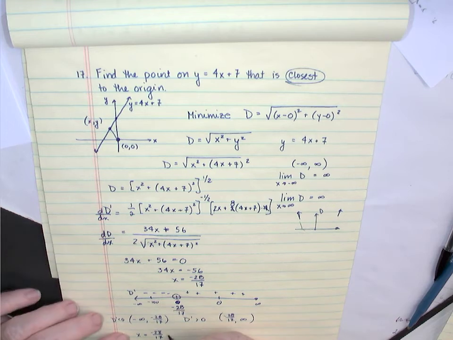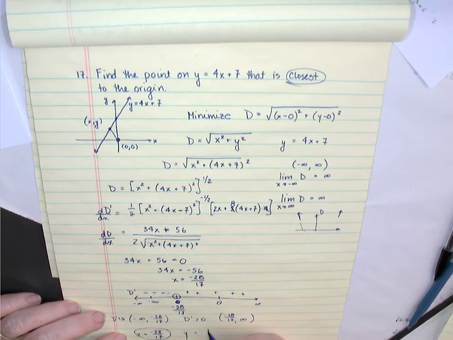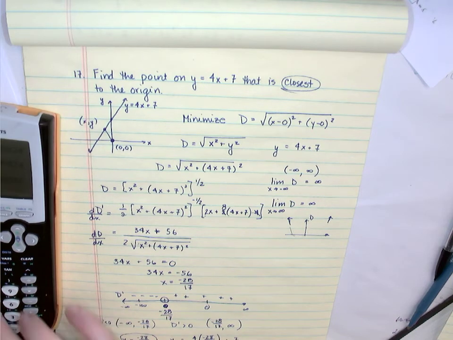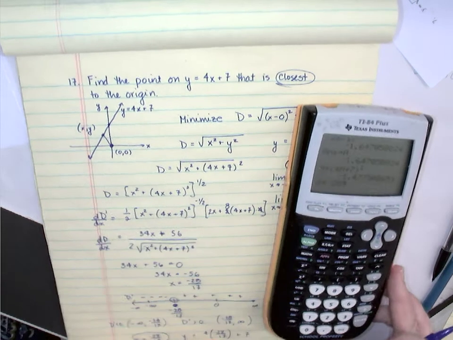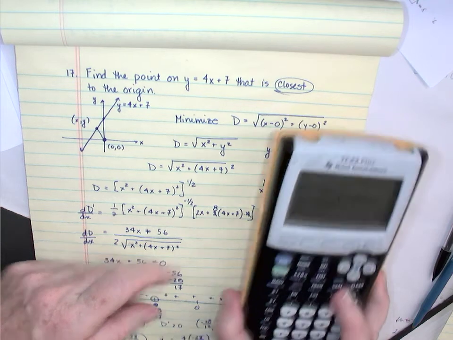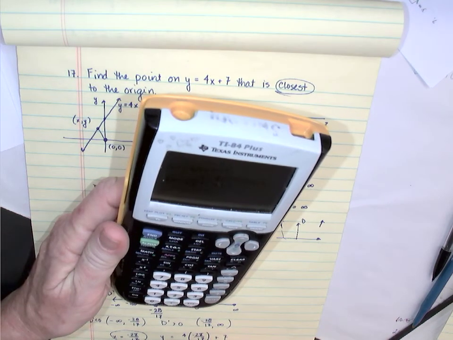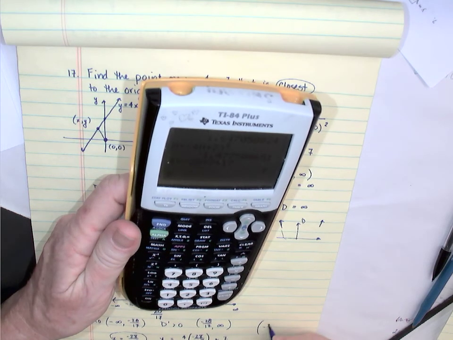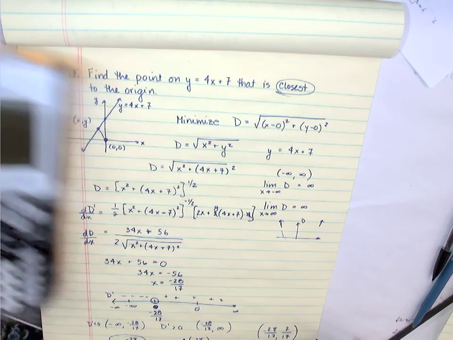If this is our x value, then y is 4 times that thing plus 7. Goodness gracious, what a pain in the neck. So this becomes 4 times negative 28/17 plus 7 times 17 over 17. Well, look at that, that gives me 7/17. So our ordered pair is negative 28/17 and 7/17.